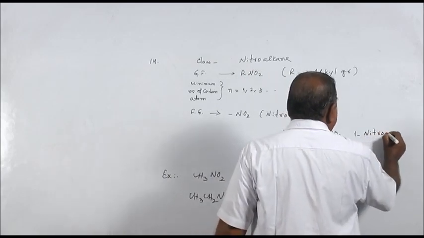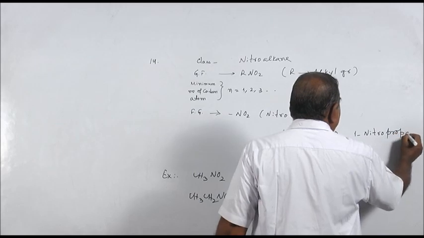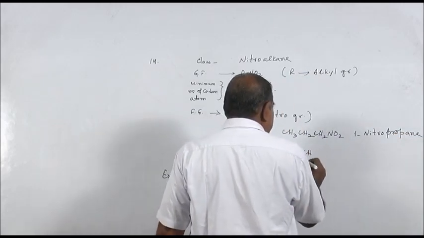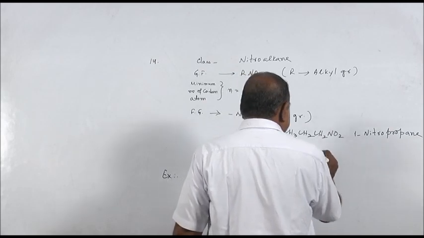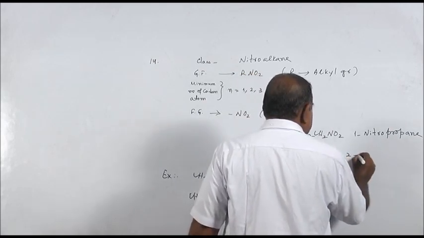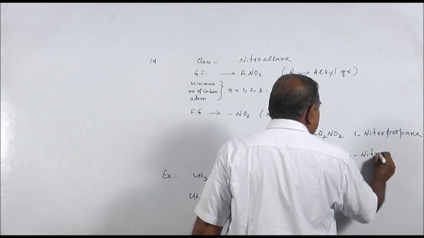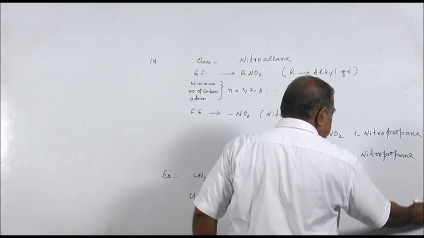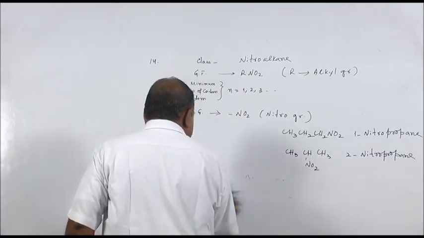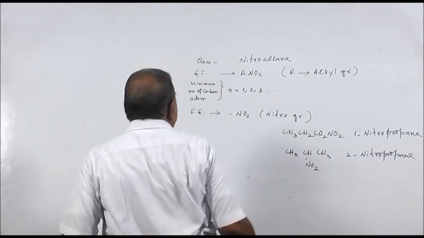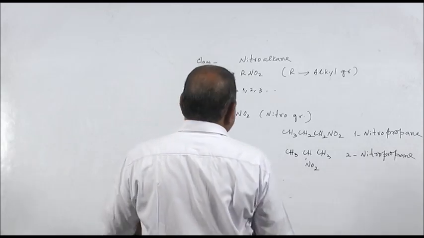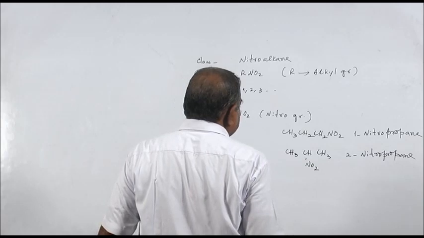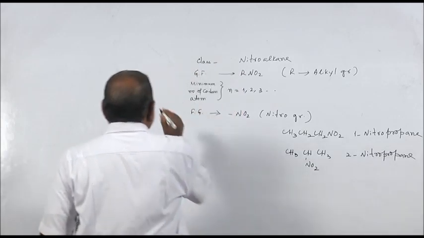This is your 1-nitropropane. With the same 3 carbon atoms, the nitro group may be at position 2. This is your 2-nitropropane. So this is regarding nitroalkane. After 3 carbon atoms the position is to be mentioned, and the position should be before the name.